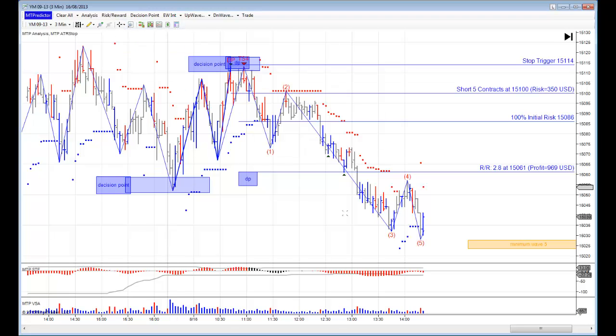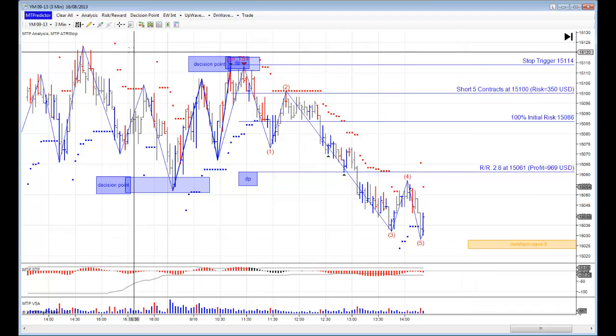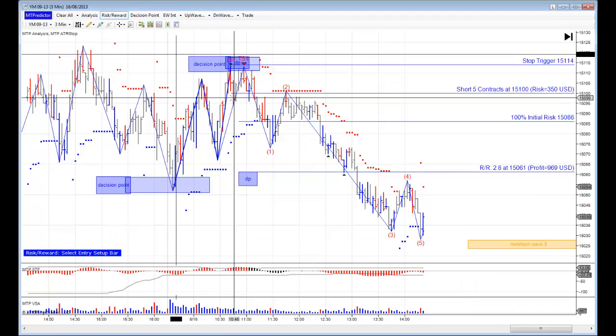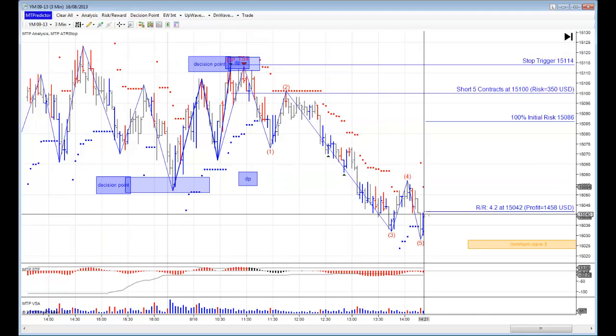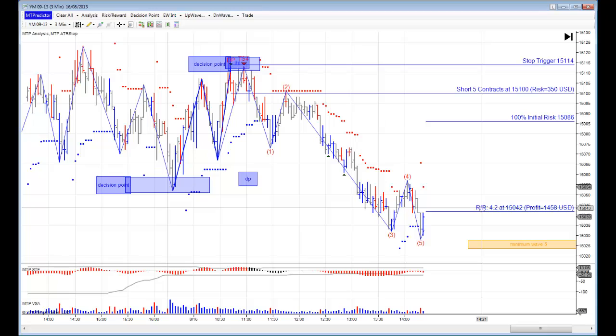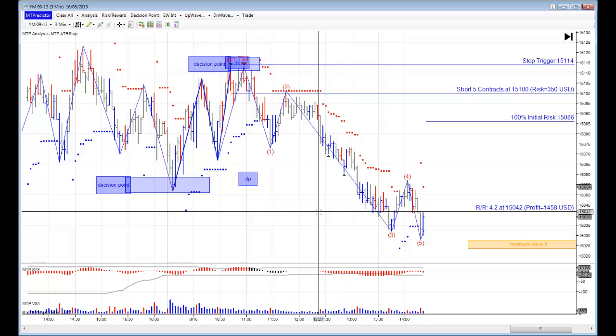In fact, if I put the crosshairs on, you can see that there's the low, just about the same level as the minimum wave 5 WPT. So therefore, you would have moved your stop to just a tick above this high and increased your profit to approximately 4.2R risk units.